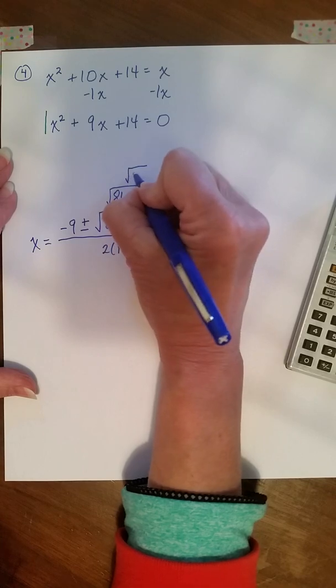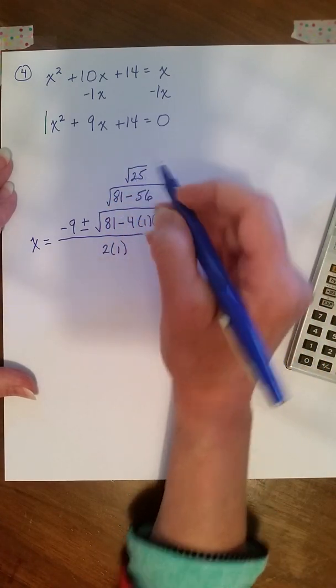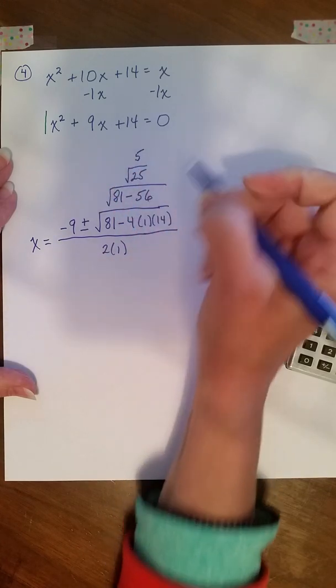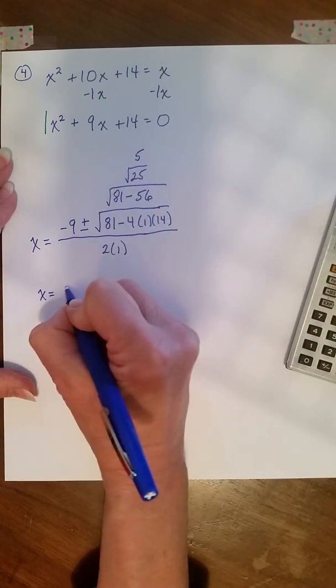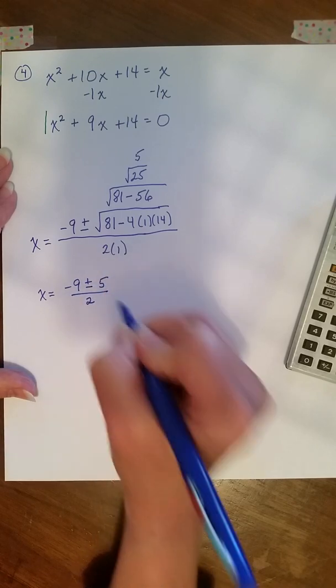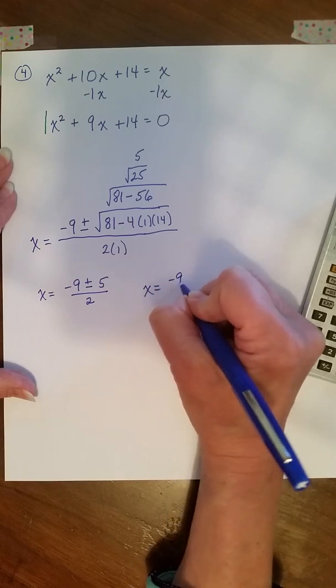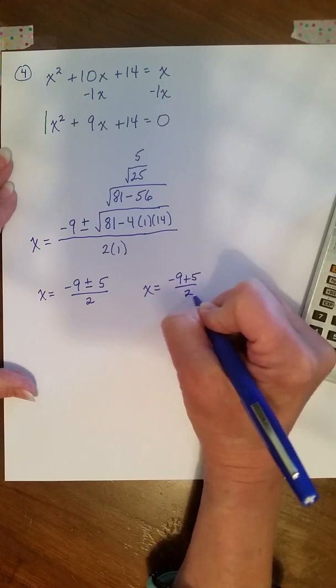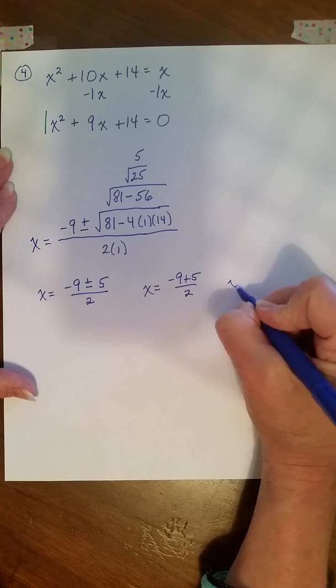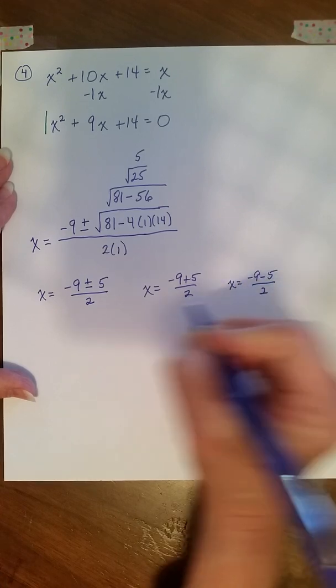25. And like I told you, all the problems that you'll do today are perfect squares. The square root of 25 is 5. So my answers are -9 plus or minus 5 divided by 2. So we have -9 plus 5 divided by 2, and x equals -9 minus 5 divided by 2.